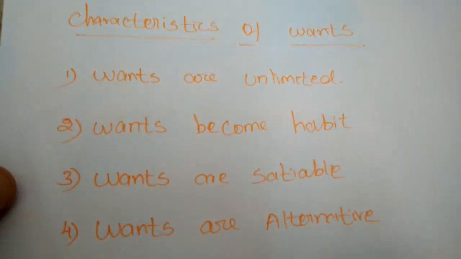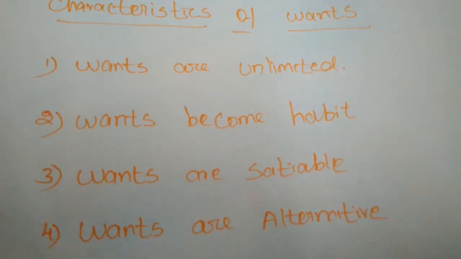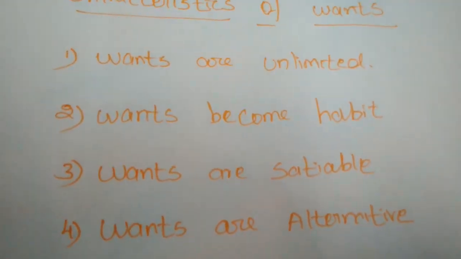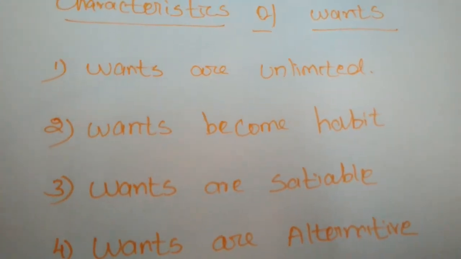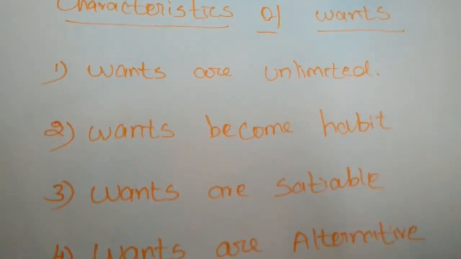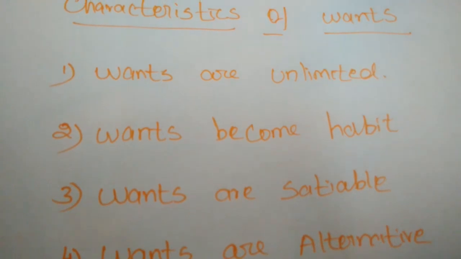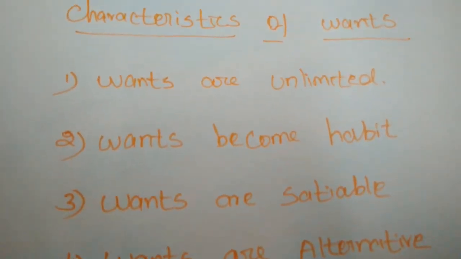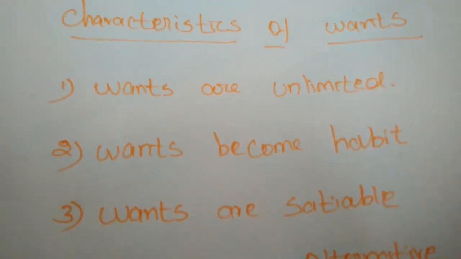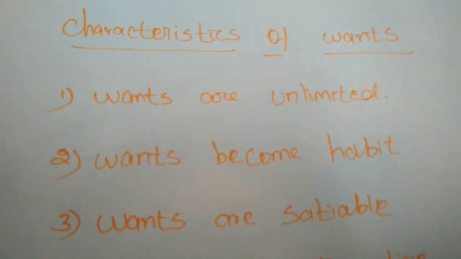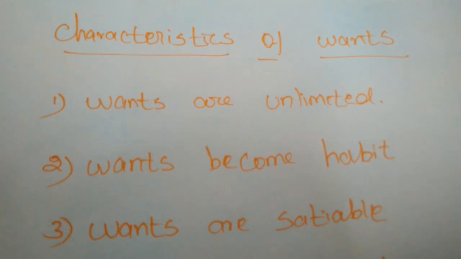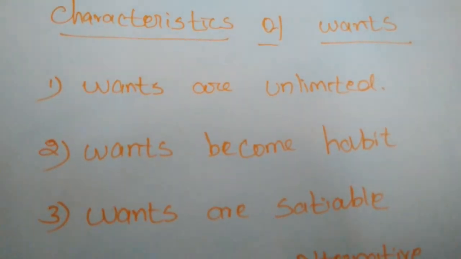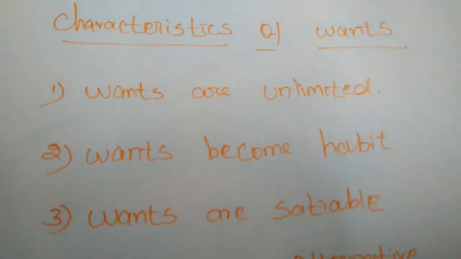Now you want to purchase a normal mobile and you get it and you are satisfied, so will your wants stop? No. Again you will want to purchase an Android mobile or a new version mobile. Like that our wants arise again and again.